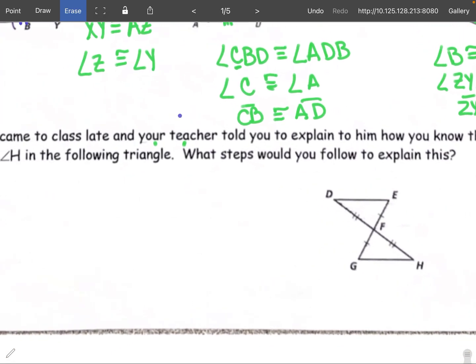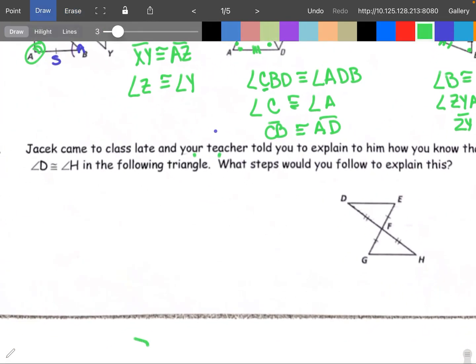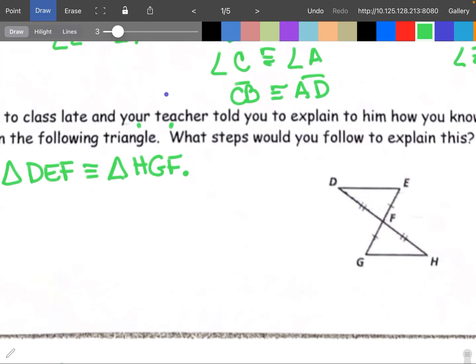So what you would tell him is first prove that triangle DEF is congruent to triangle, if I use DEF, then I have to use HGF. HGF. Okay. And to do that, I'm going to say that I know that my vertical angles are congruent.